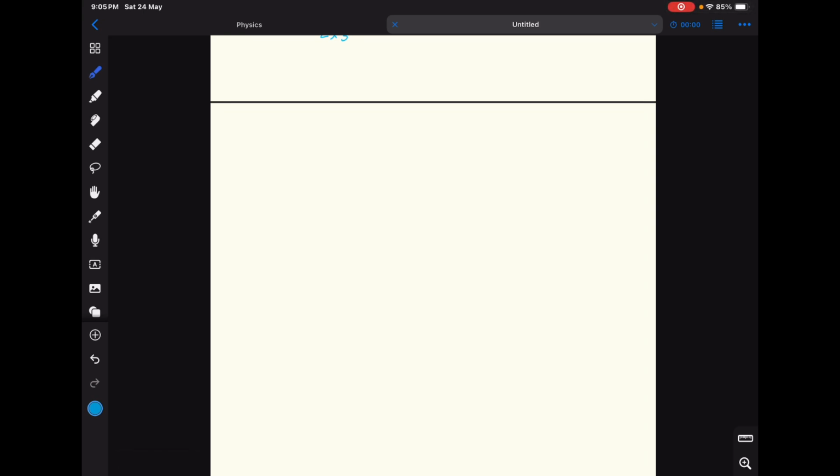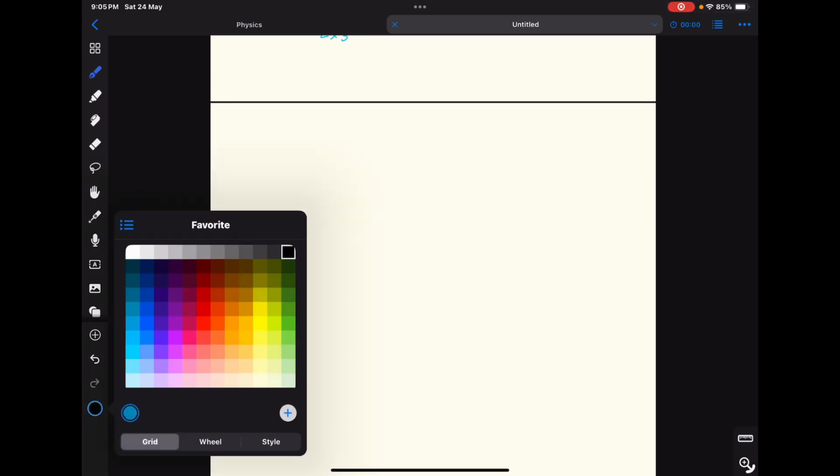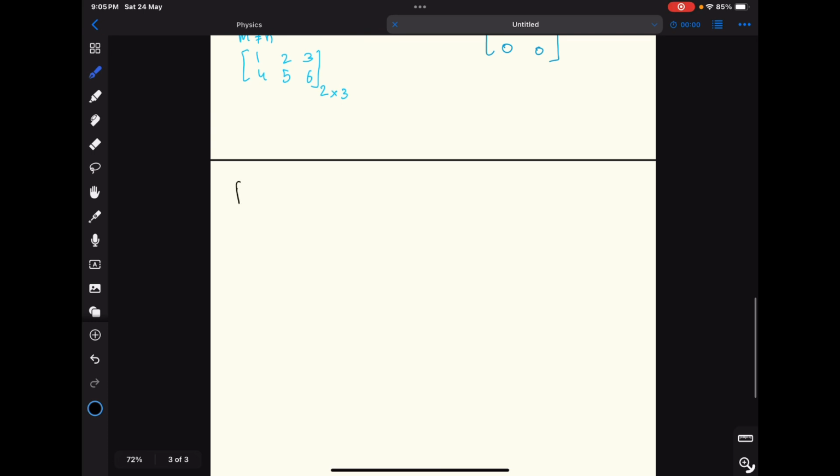Next comes the diagonal matrix. But before learning the diagonal matrix, we need to learn what a principal diagonal is. For example, let us take a square matrix: 1, 2, 3, 4, 5, 6, 7, 8, 9.